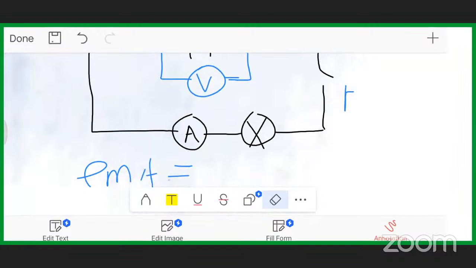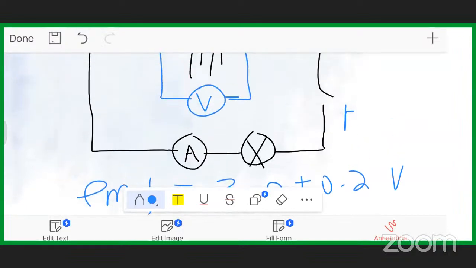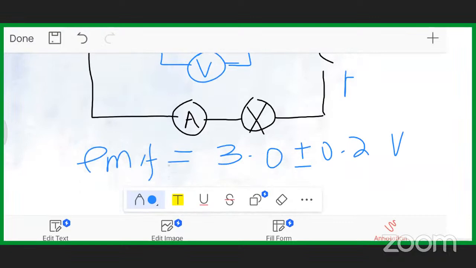And if there are two dry cells like that, we expect an EMF of around 3.0 plus or minus 0.2 volts. That's what we expect. If the cells are very new and powerful, like the ones used in your practical at the end of term, some of you even got a reading of 3.3, 3.4, and we marked them right because we understood.